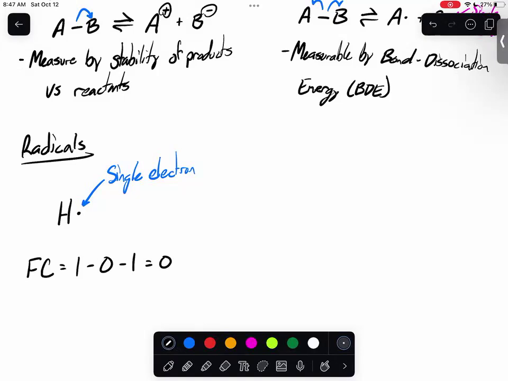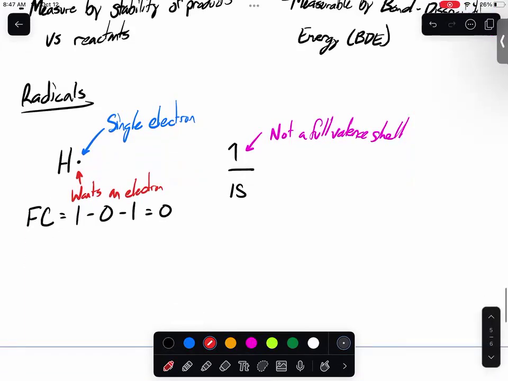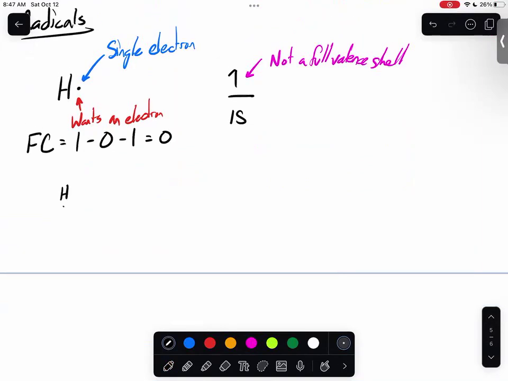But if we look at hydrogen's 1s orbital, it does not have a full valence shell, which means it wants an electron. To make it clearer, we can look at a carbon with a radical.